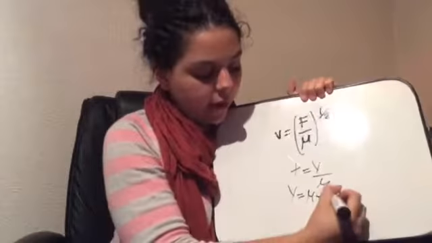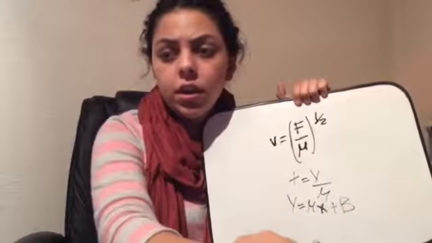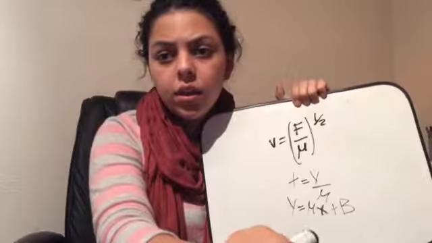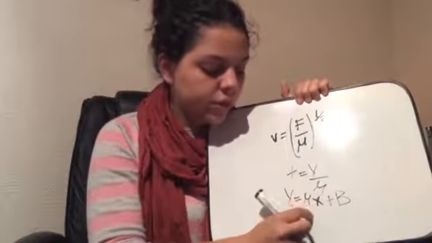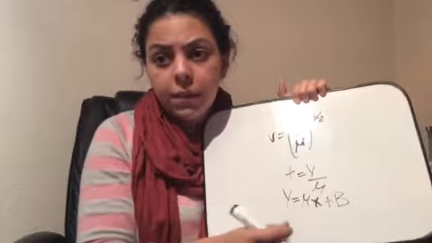So here we could have a constant b. What are the units of the slope m, which in this case is represented by mu, and the y-intercept b?